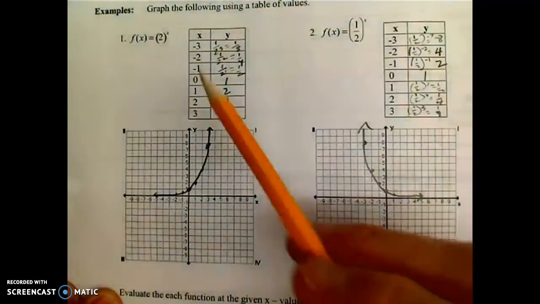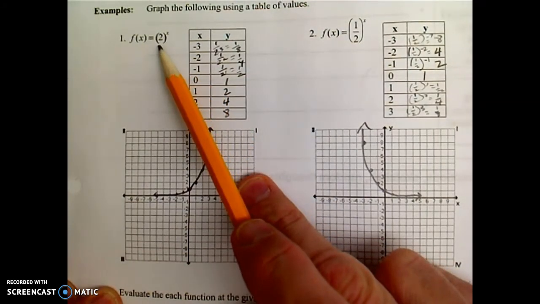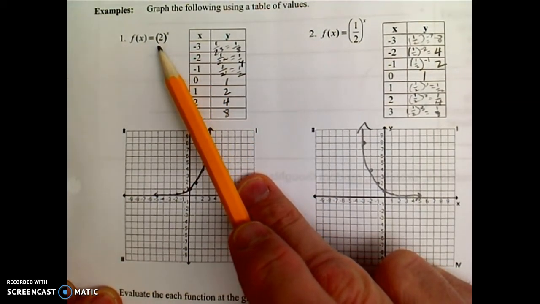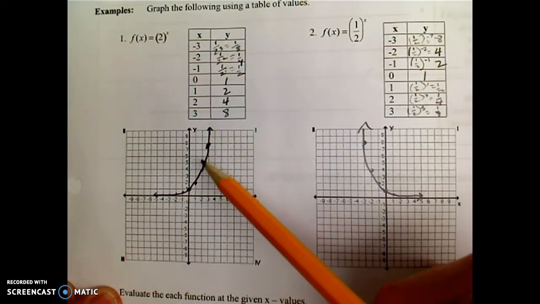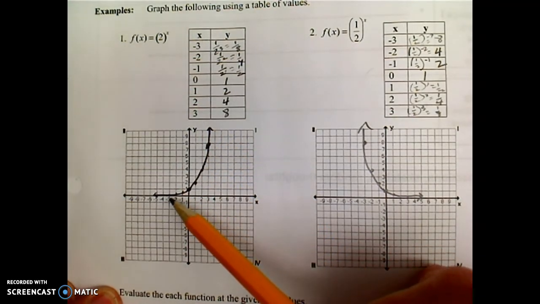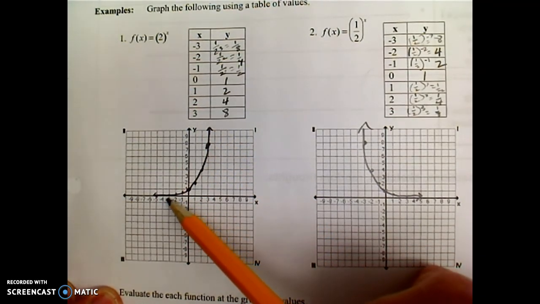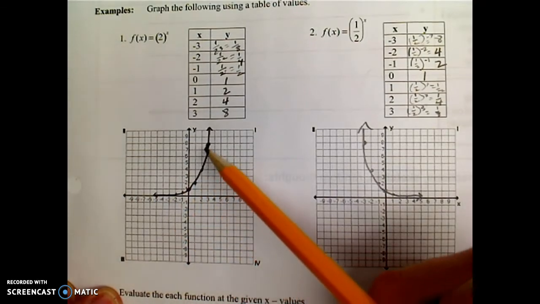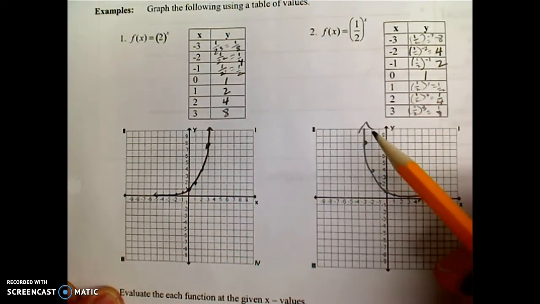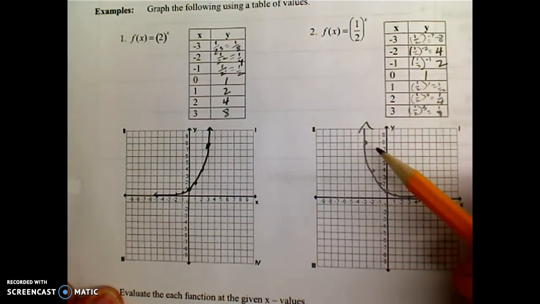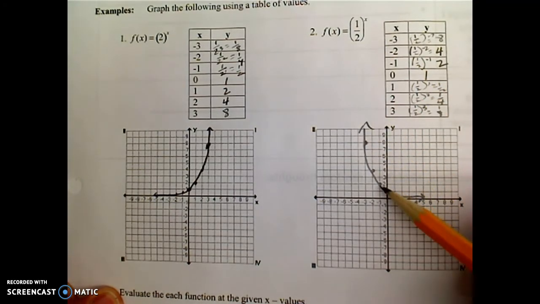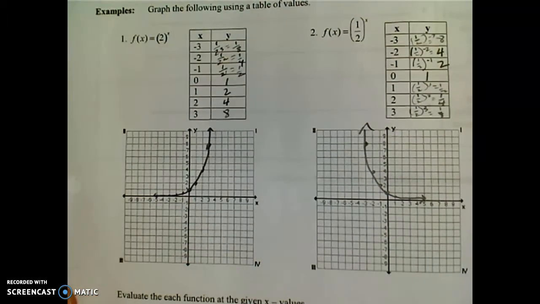So you can see that when I have a value greater than 1 that's being raised to a power, as that exponent gets smaller, the value of the function gets smaller, smaller, smaller. As the exponent gets larger, it grows really, really fast. When I have a value between 0 and 1 as my base, when that exponent is negative, it's much larger. When the exponent is positive, it gets smaller increasingly.